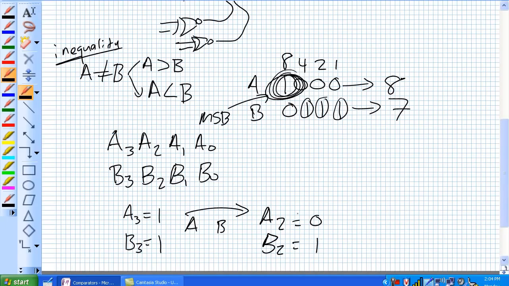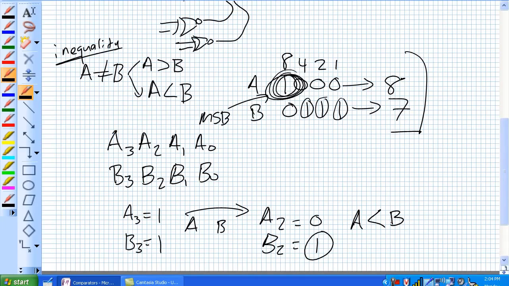Now we've walked down from the MSB to the next digit, and we know that B is greater than A. There are 3 outputs, but they're pretty formalized as A is less than B. And so you just keep on going.